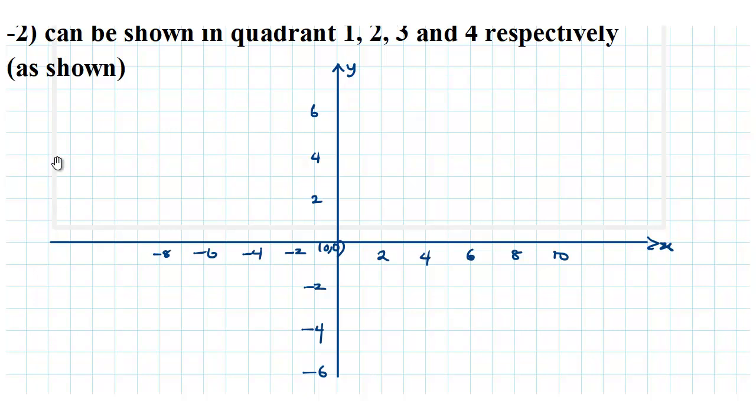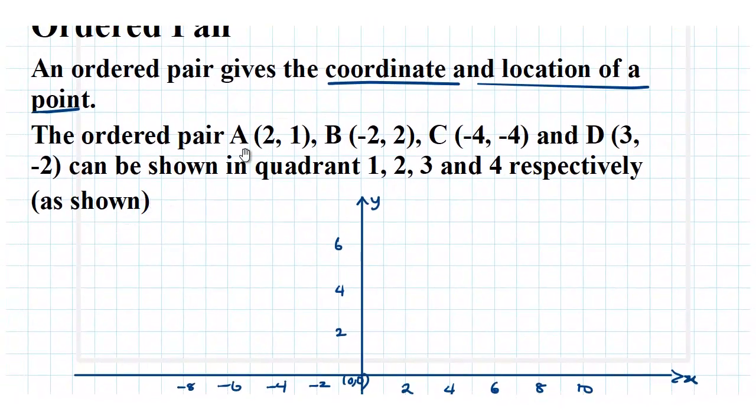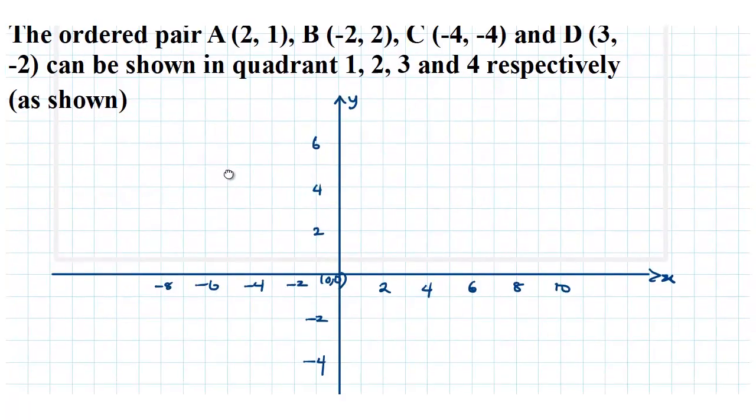Okay, so now I said ordered pair gives the coordinate and location of a point. So the ordered pair (2, 1) is actually (x, y), which implies that x is equal to 2 and y is equal to 1. So it is applicable to every other ordered pair we have. So let's look at it. So when x is 2, y is 1.